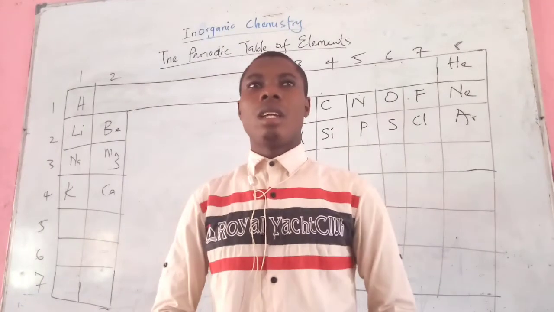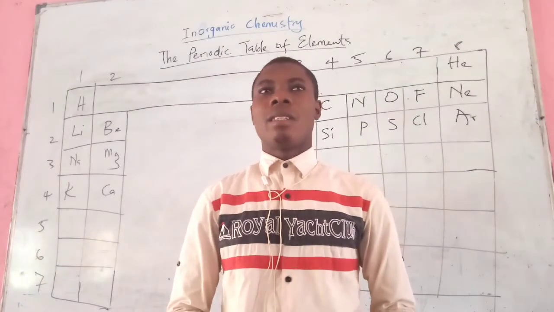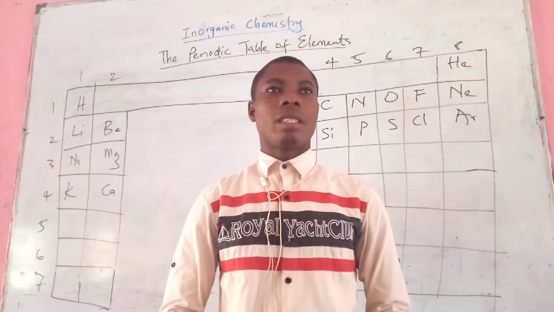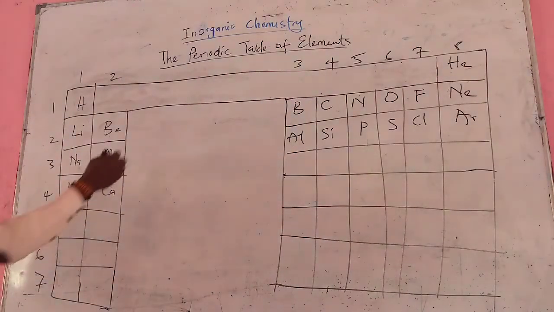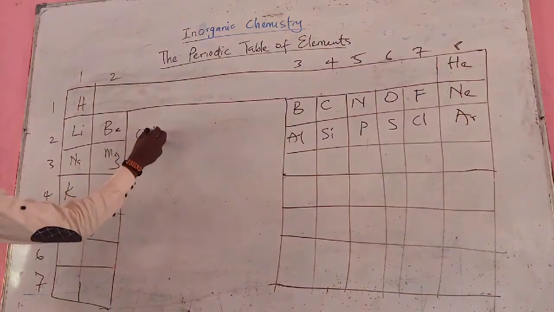Now we also mentioned that we have 7 main categories of elements. The first category of element that we have is hydrogen.